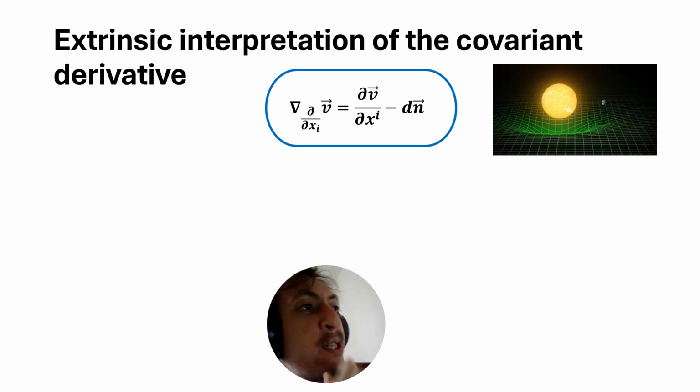So if we wanted to calculate the covariant derivative of a vector, so how the vector changes across the hyperspatial axis, then what we could do is look at how the vector changes overall relative to the hyperspatial axis.